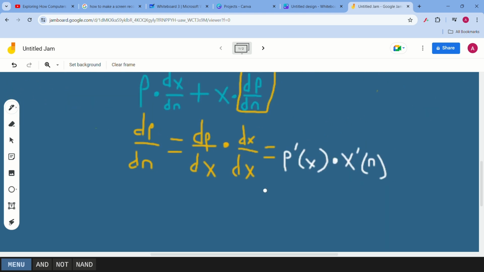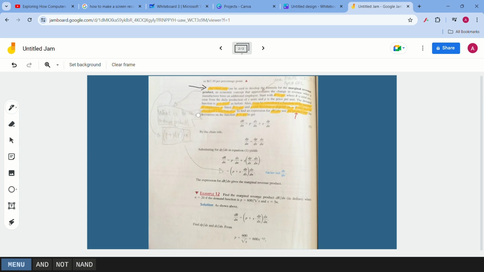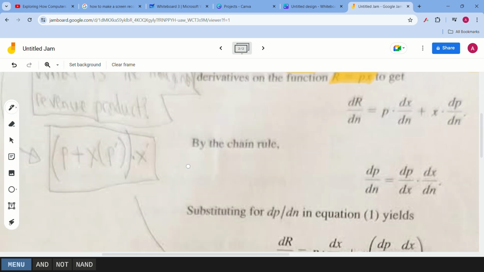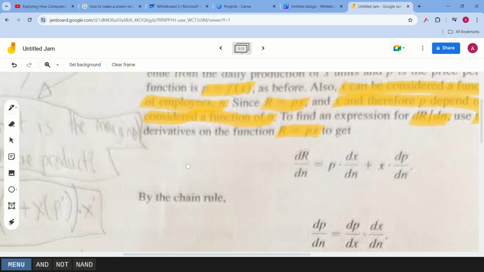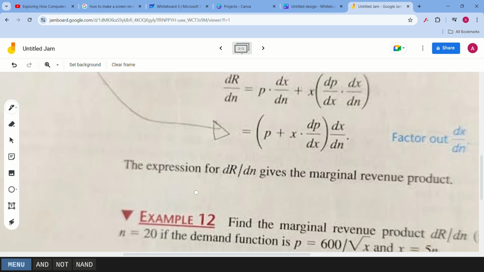So, anyways, let's check if this equation is true. Okay, so we covered this part, dp over dx times dx over dn, and p times dx over dn plus x times dp over dn. So yeah, we were right. This is correct.